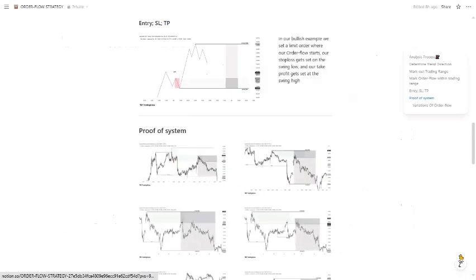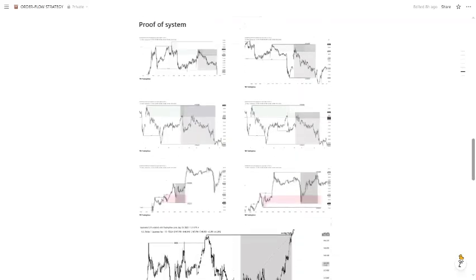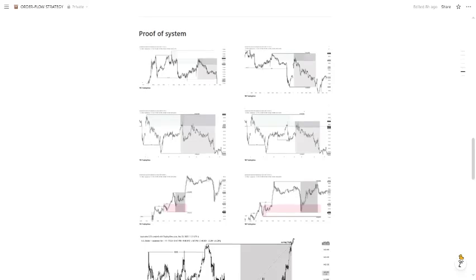In this plan, I really wanted to include proof of system to show that the system really does work over and over again. You guys saw how long that first picture took to load, so I'm worried the second picture might take longer as well.